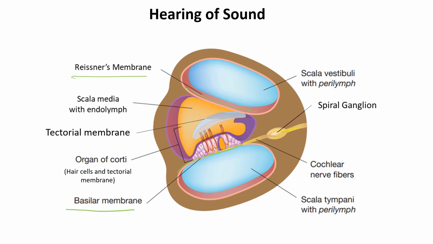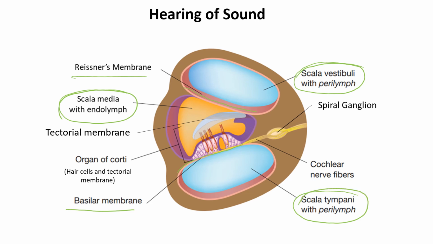And these two membranes have divided the internal cavity of the cochlea into the three compartments that I mentioned: the scala vestibuli filled with the perilymph, the scala media that is filled with the endolymph, and the scala tympani that is filled with the perilymph. Now the sound waves will be transmitted in these three cavities.